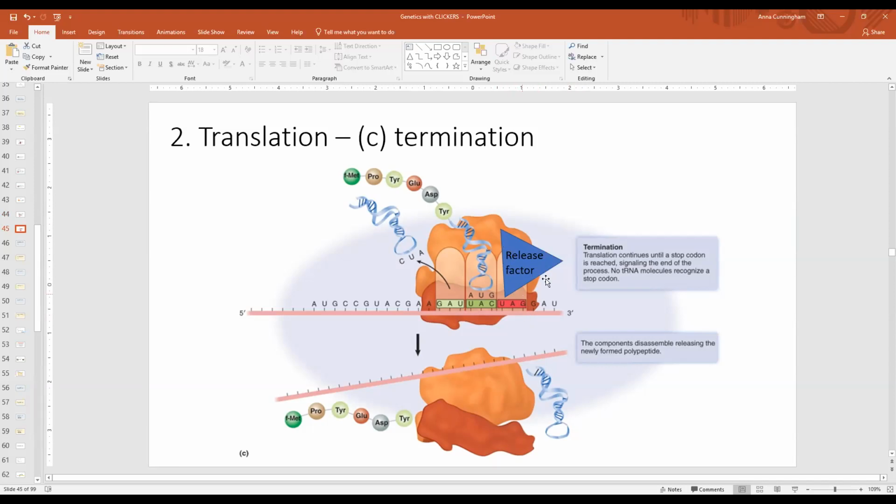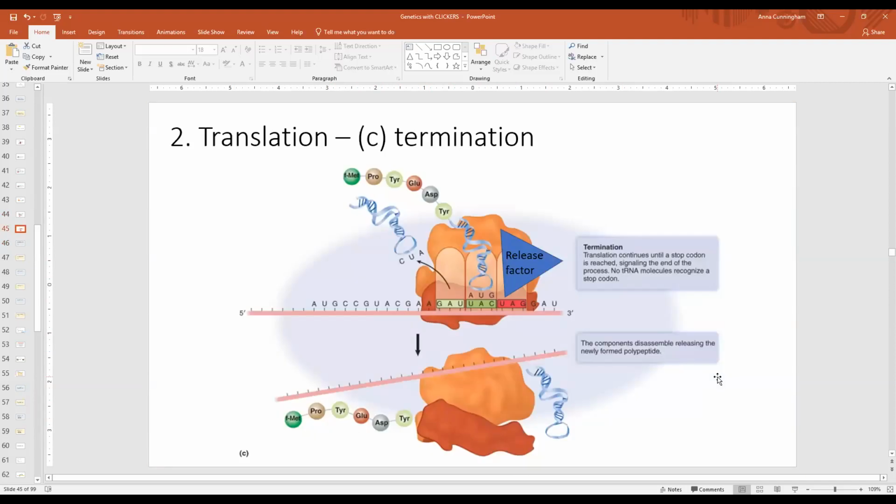Instead, they code for a protein called release factor. That release factor basically pops apart the entire complex, which you can see after release factor binding. It knocks the whole thing apart. So the ribosome dissociates from the mRNA and tRNA, and then you have release of your polypeptide strand.